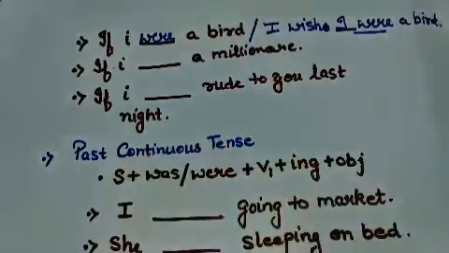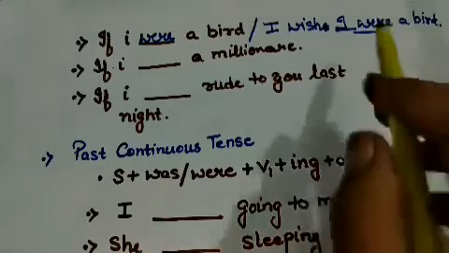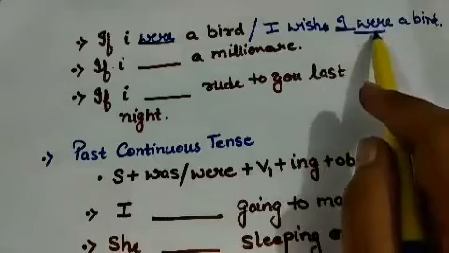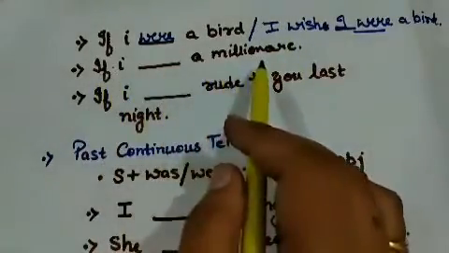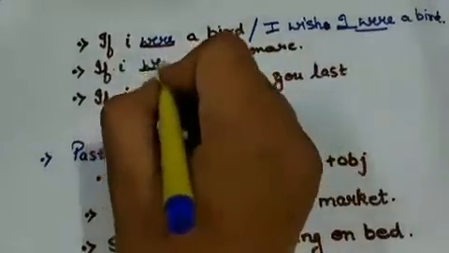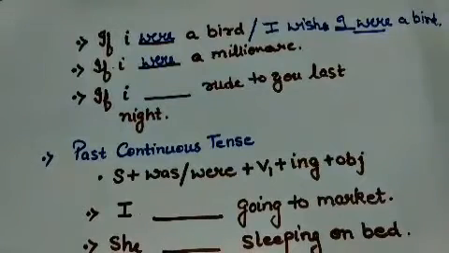That means if there's something like wishing for something, at that place also we use were. Again, if I dash a millionaire, I were. It is a wish. It is an imagination. Or I can also say I wish I were a millionaire. Yeah, I wish I were rich.